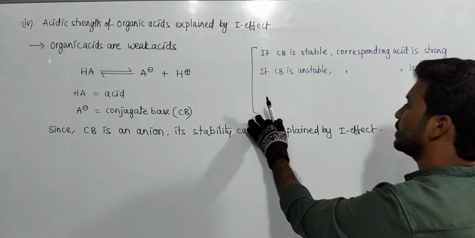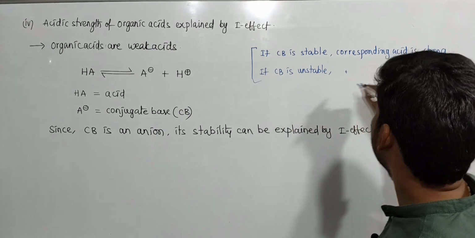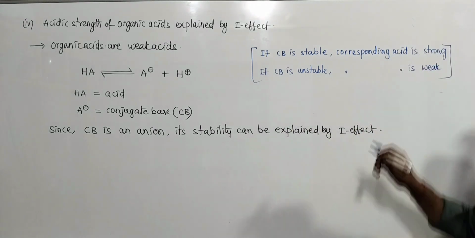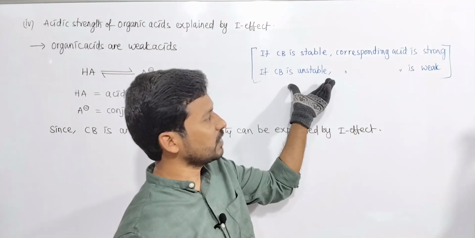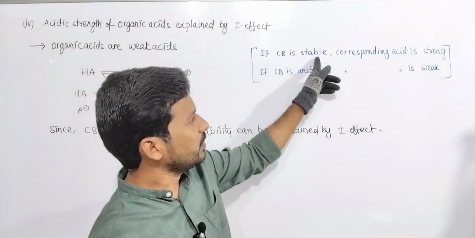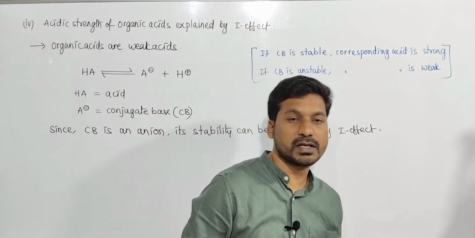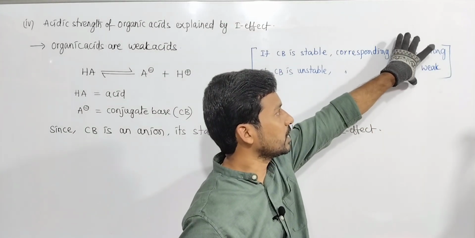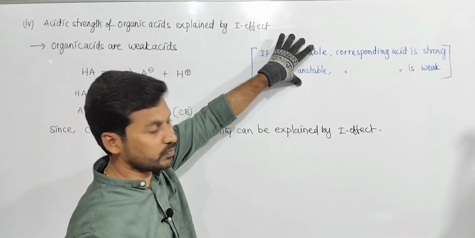If the conjugate base is unstable, the corresponding acid is weak. That means acid strength depends on the stability of the conjugate base.